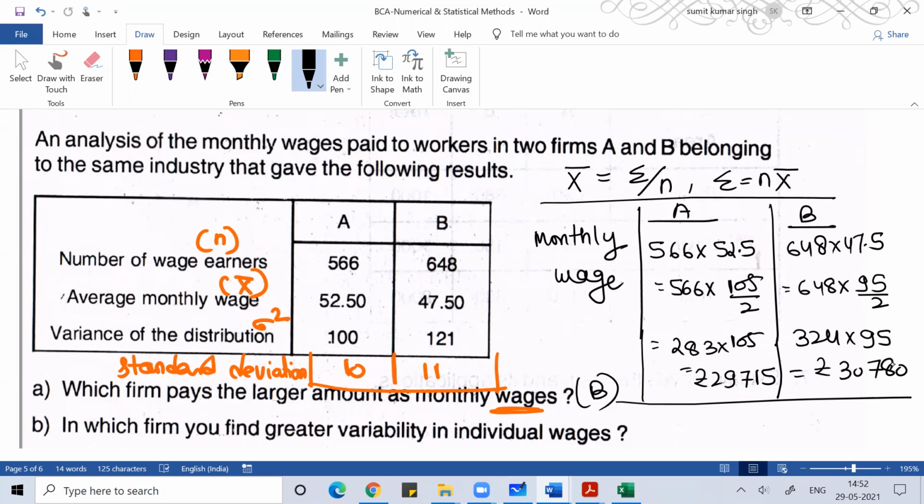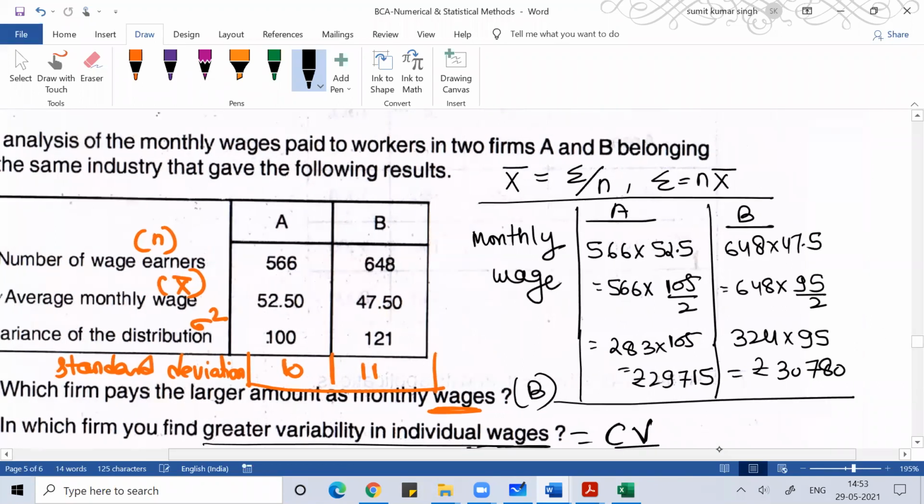Now, the next thing: in which firm do you find greater variability in the individual wage? Whenever you want the calculation of stability or variability, what normally we do is find the coefficient of variation. So here we'll find the coefficient of variation of both firms, which is standard deviation by mean into 100.